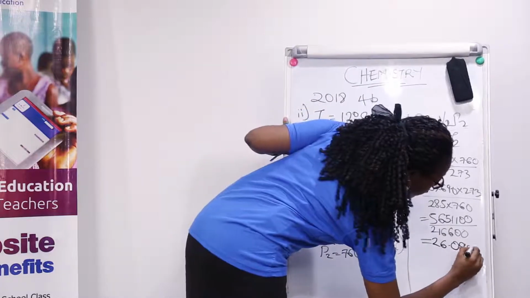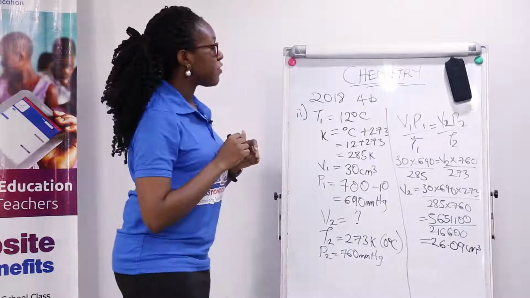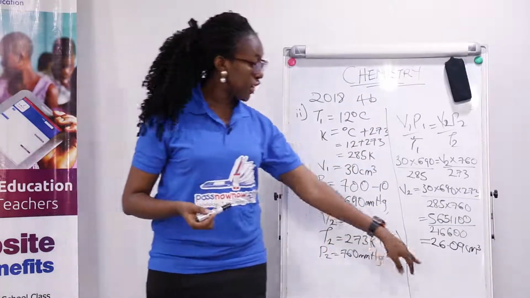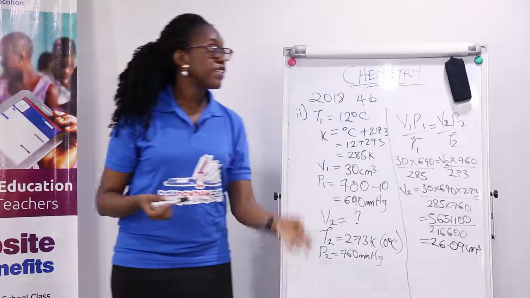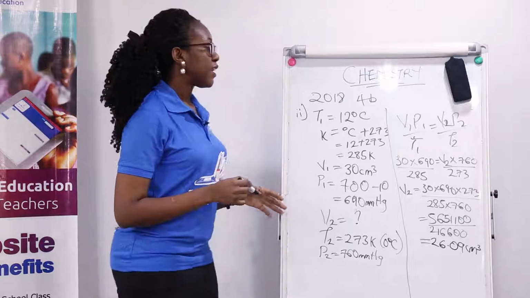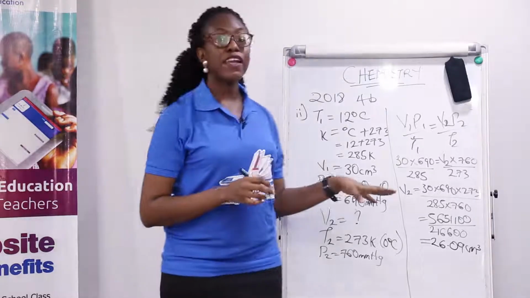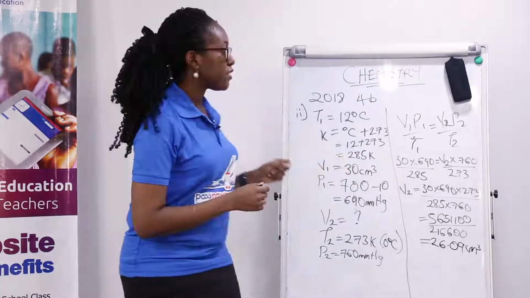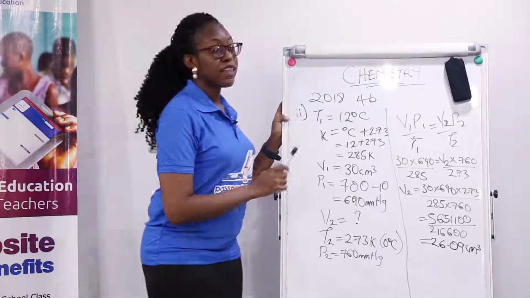This is volume. Hence, our V2 or our volume at STP is 26.09 centimeter cube. Now, it is very important that you show each step taken so that your examiner knows that you understand what you are doing. I hope you understand. Let's look at our next question.